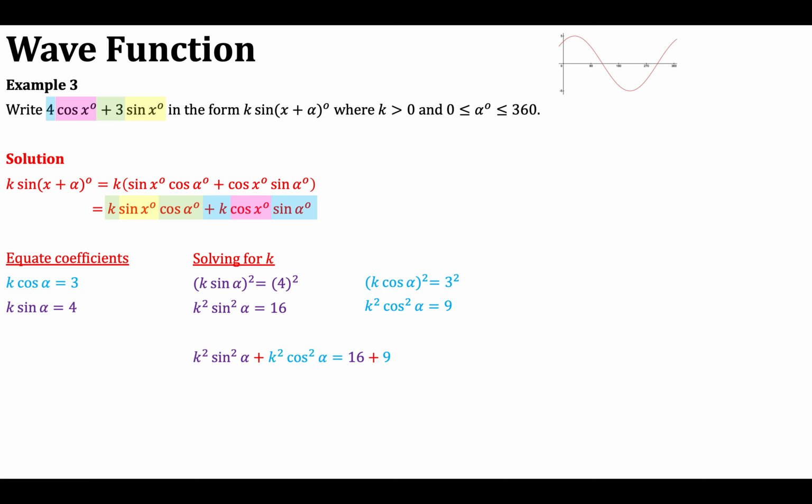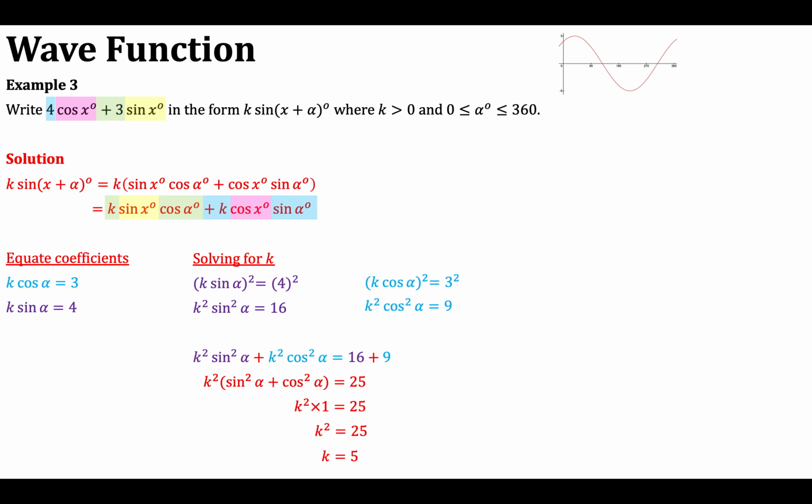On the left hand side we have a common factor of k squared, and on the right hand side we can evaluate that, that's 25. Remember, sine squared of alpha plus cos squared of alpha is equal to 1, and we can then conclude that if k squared is 25, k is equal to 5.